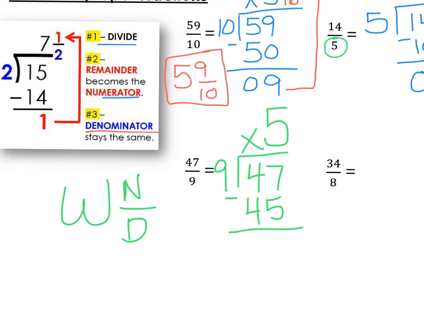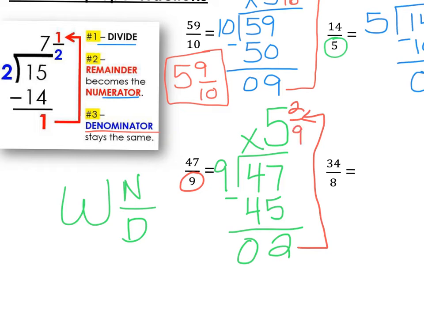We do our subtraction. 7 take away 5 is 2. 4 take away 4 is 0. Remember, our remainder is our numerator. So we're going to put our 2 on top, and our denominator stays the same.